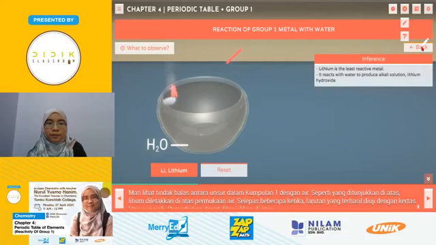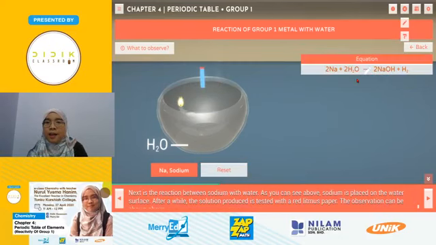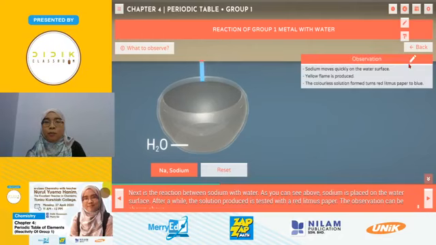Now we move to sodium. You can see that sodium moves a bit faster. And when sodium reacts with water, it produces sodium hydroxide and hydrogen gas. Sodium moves quickly and produces a yellow flame.